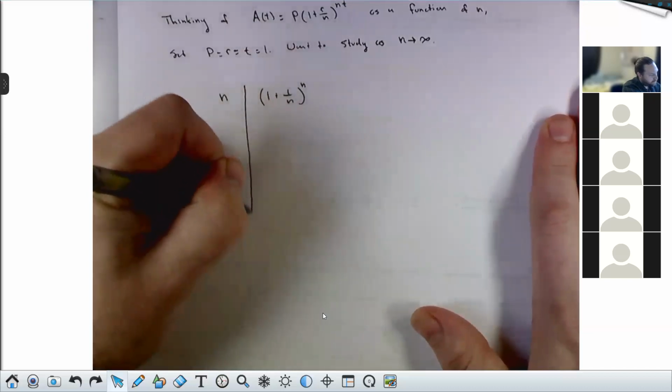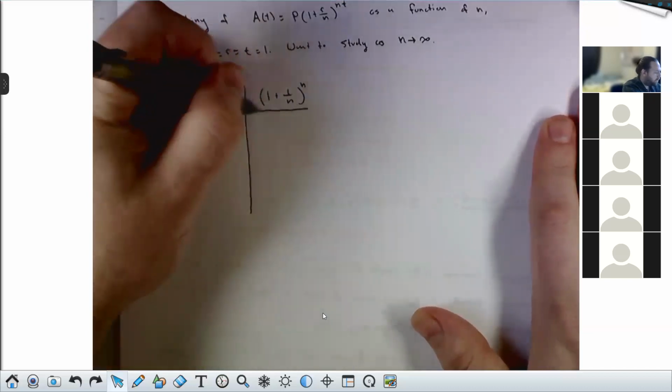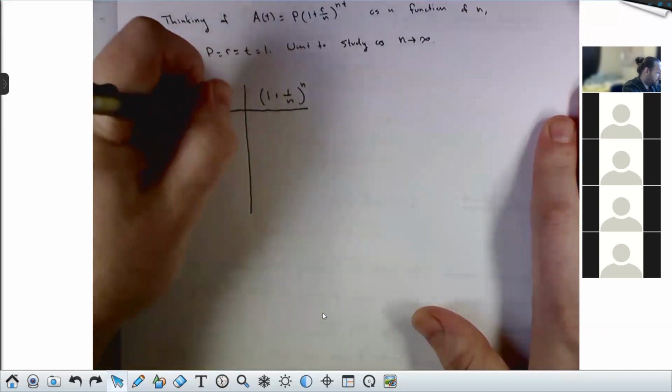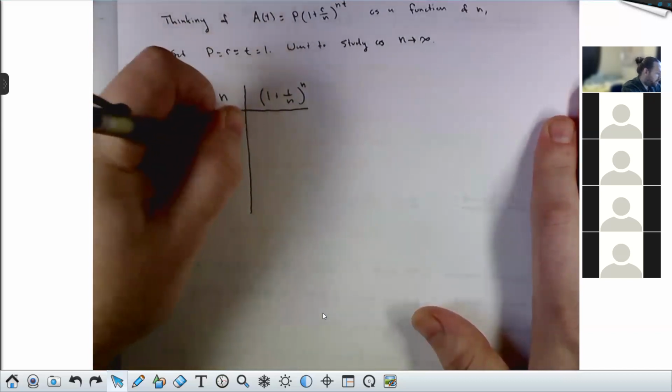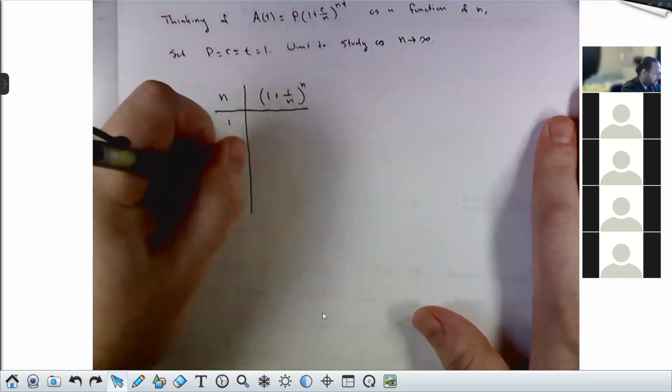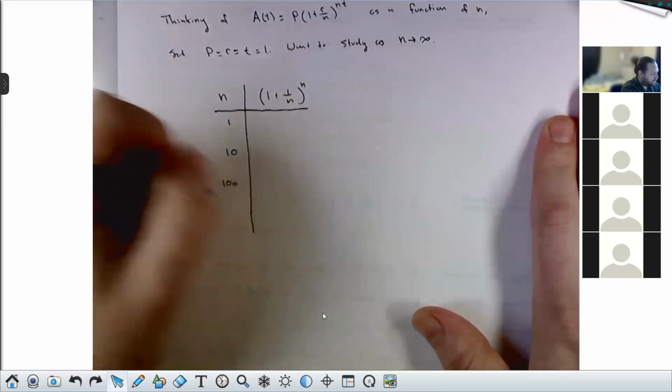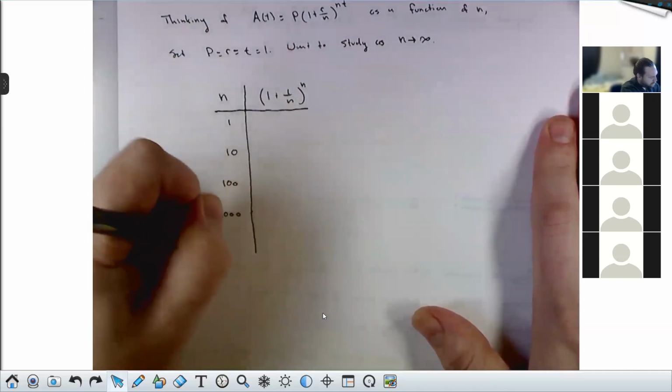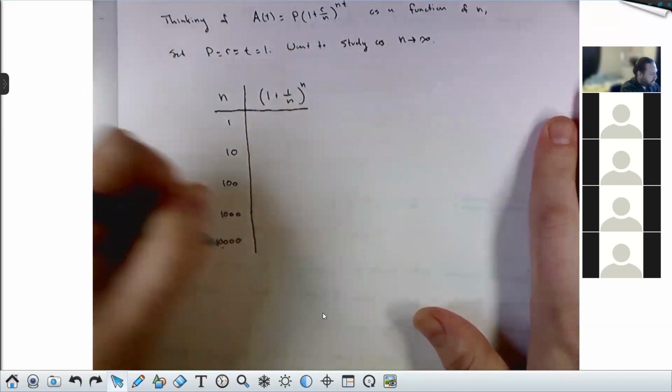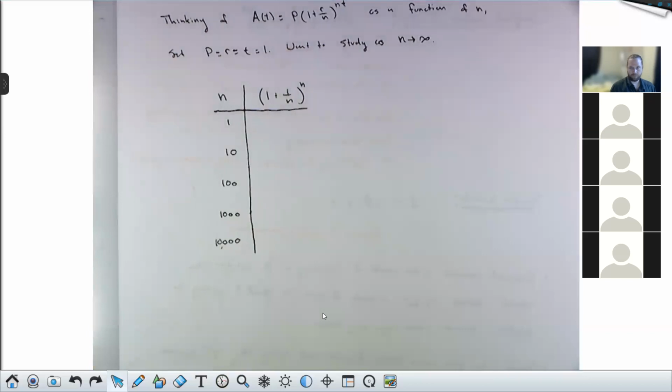So what I'm going to do is make a little table, and I'm going to plug in orders of magnitude, powers of 10. And one more. A fun thing to do, if we were sitting in class right now, I might ask you to take your phone number and plug it into this thing.